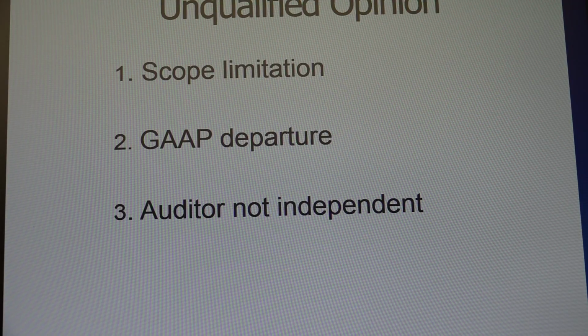So I mean, there is that situation, but this is so rare. So really, departures from an unqualified opinion are really more of the other two, but we will talk briefly about what you do if the auditor is not independent.